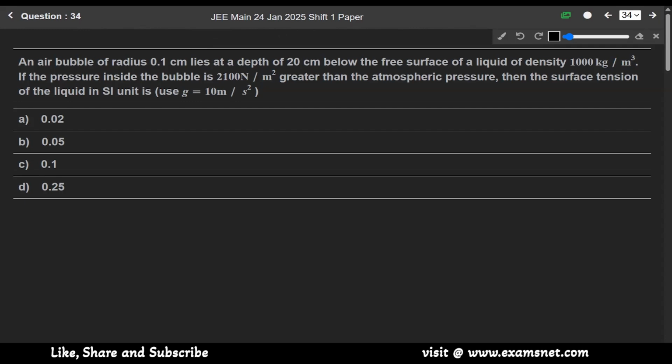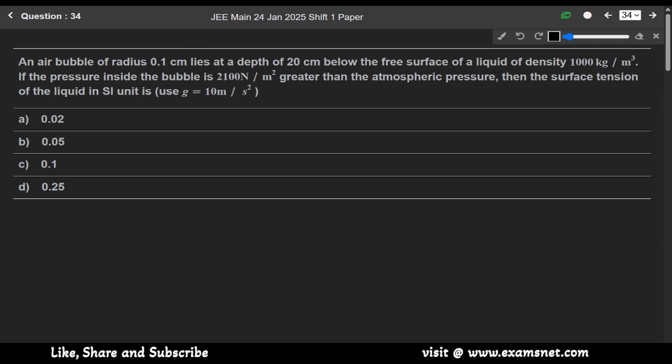An air bubble of radius 0.1 centimeter lies at a depth of 20 centimeter below the free surface of a liquid of density 1000 kg per meter cube. If the pressure inside the bubble is 2100 Newton per meter square greater than the atmospheric pressure, then the surface tension of the liquid in SI unit is, okay.